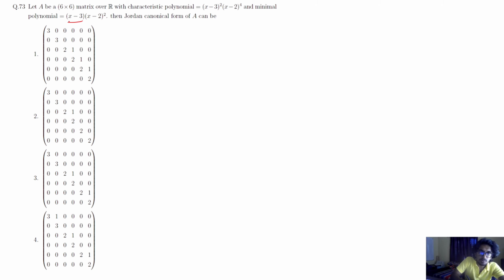Since in the minimal polynomial x minus 3 appears only once, in the Jordan form there is a 1 by 1 block for x equals 3, and there is a 2 by 2 block for x equals 2.